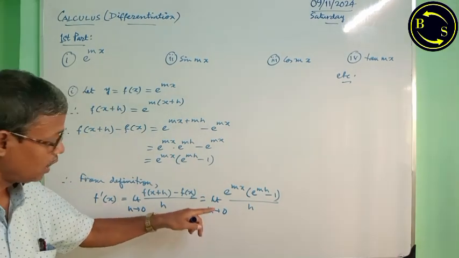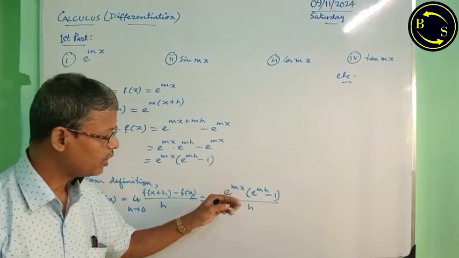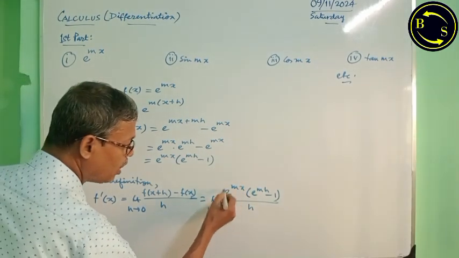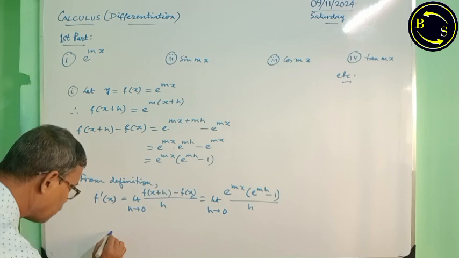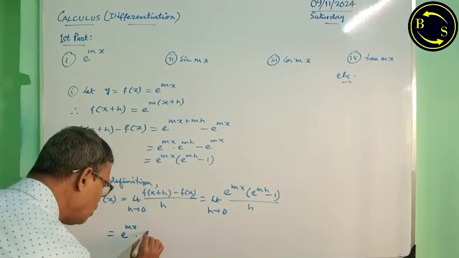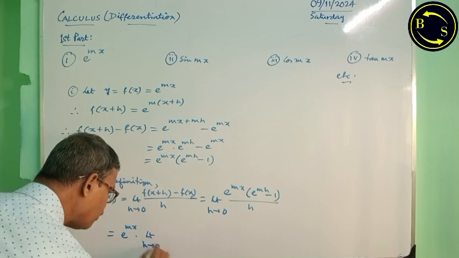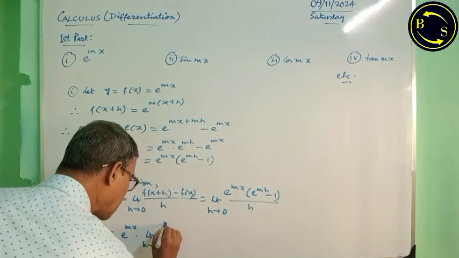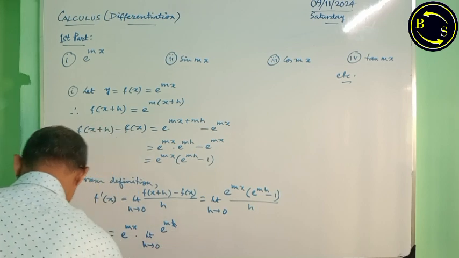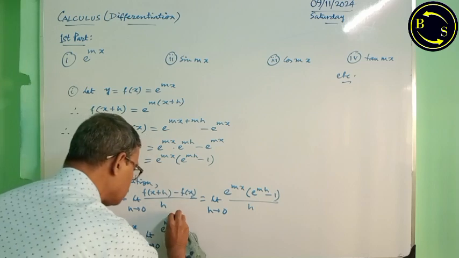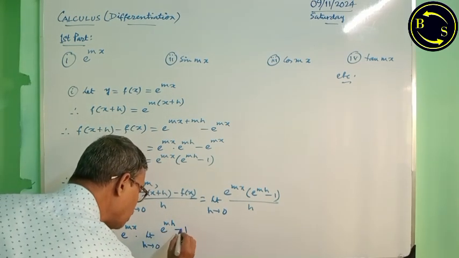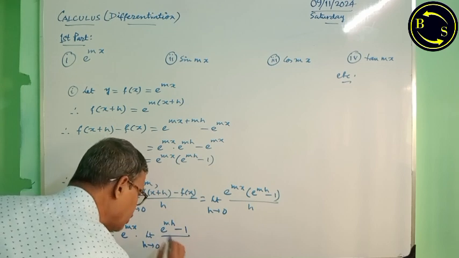Limit h tends to 0. Numerator is this one, e to the power mx within brackets e to the power mh minus 1. Now this part e to the power mx is independent of h, therefore e to the power mx is taken outside into limit h tends to 0 of (e to the power mh minus 1) by h.